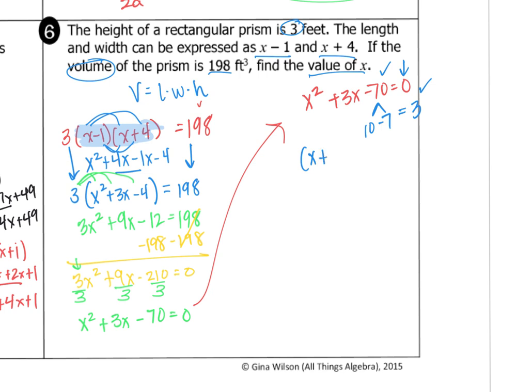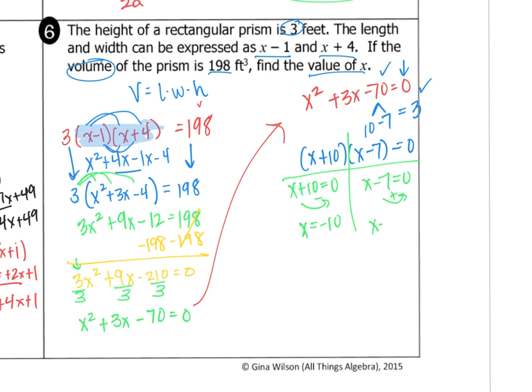Writing it in factored form would be x plus 10 times x minus 7, equal to 0. We're going to T-bar, separate our factors, and set each factor equal to 0 and solve for x. We would subtract 10 from both sides to get x equals negative 10 as one possible solution. We would add 7 to both sides to get x equals positive 7 as one of our solutions.